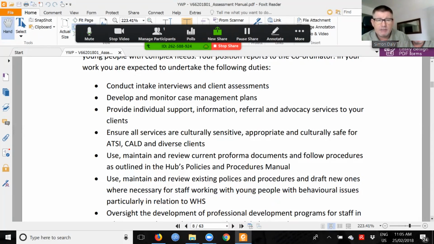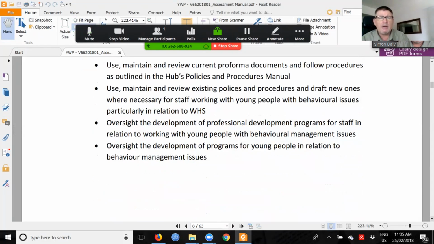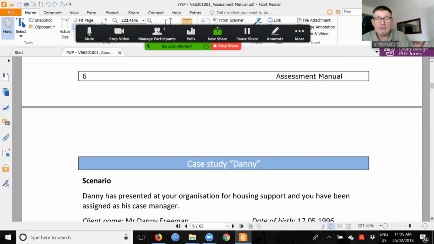And oversee the development of professional development programs for staff in relation to working with young people, behavioural management issues, and oversee the development of programs for young people in relation to behavioural management issues. I think that's doubled up too, isn't it? Okay, I didn't write the manual.